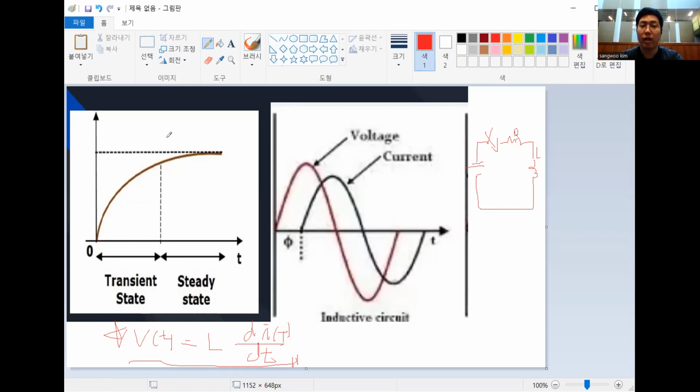In the steady state, you can see the slope is almost flat, but in the transient state, the slope changes, right?